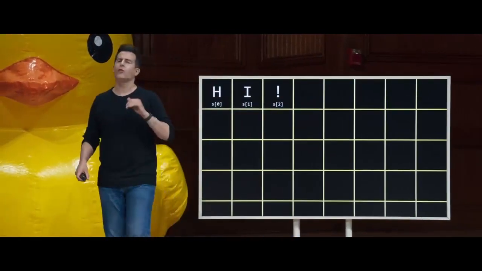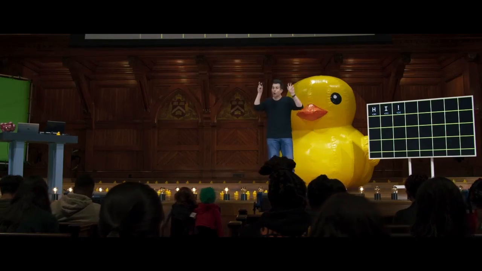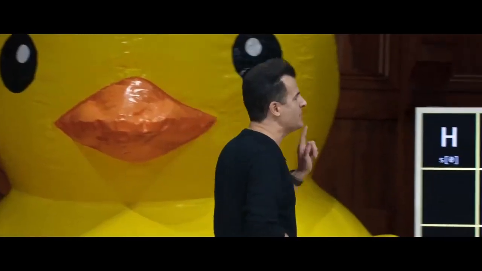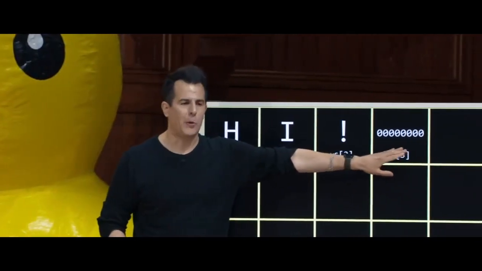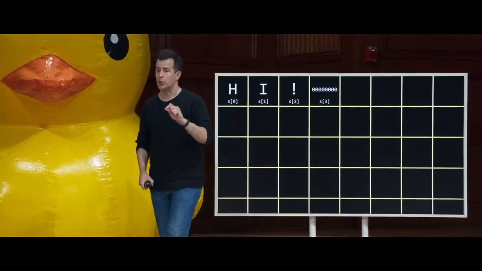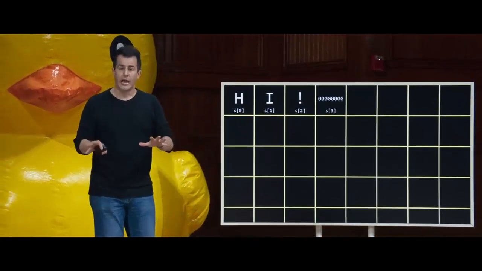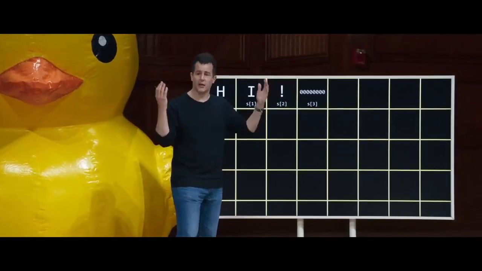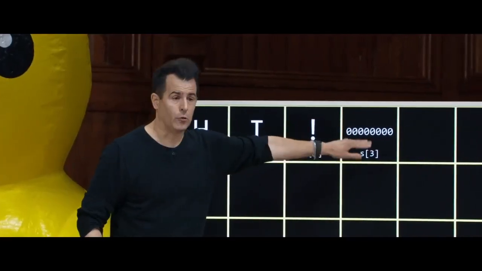Well, it turns out all this time, when we've been using quote unquote string and using get_string from the CS50 library, there's actually a special sentinel value at the end of every string in a computer's memory that tells the computer string stops here. And the sentinel value, and by sentinel I just mean special value that the world decided on decades ago, is all 0 bits.